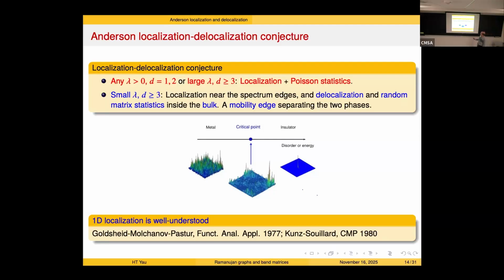In the first case, when the eigenvectors are localized, the eigenvalue distribution will become Poisson statistics. But in the other case, when the eigenvectors are delocalized, the eigenvalue statistics will become random matrix statistics, the random matrix in the box. So let's forget about the edge. We're not talking about the edge. That was the basic idea of Phil Anderson.